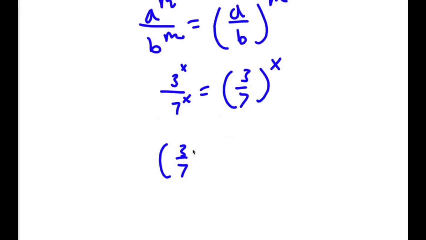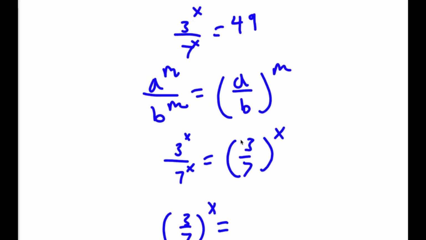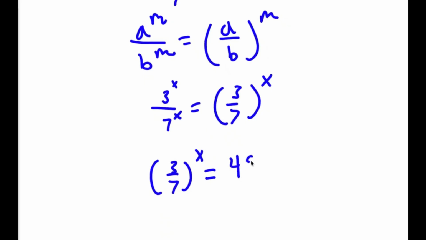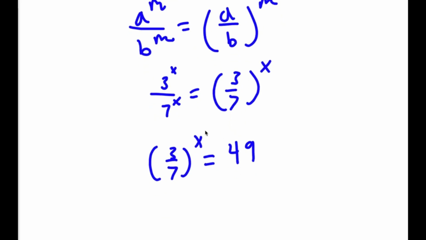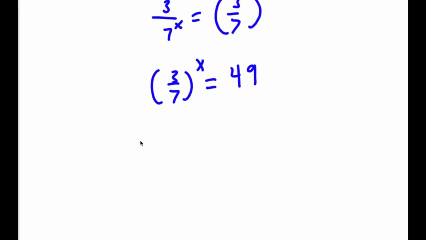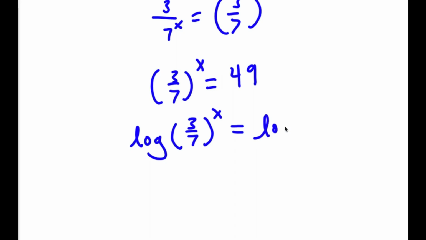So now I have 3 over 7 to the power of x is equal to 49. Now I can take the log on both sides. So now I have log of 3 over 7 to the power of x is equal to log 49.